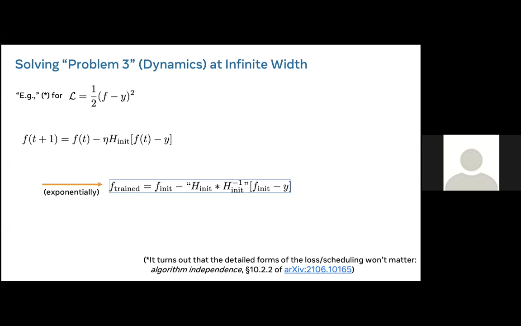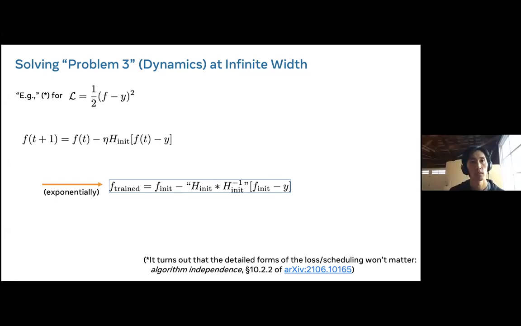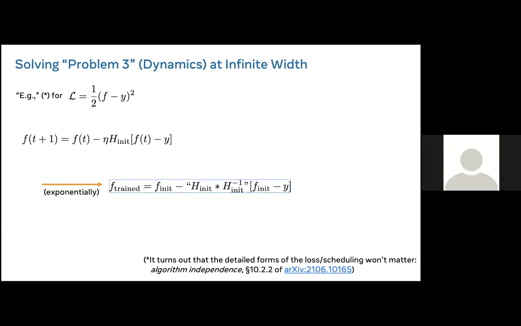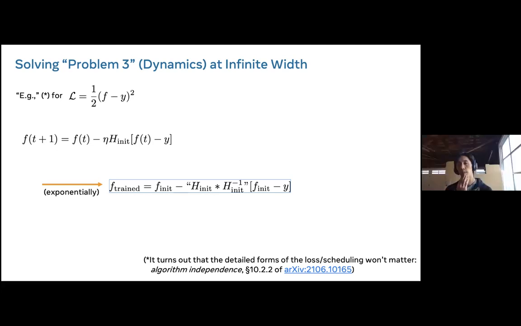Just a quick follow-up question on Sven's question. If I consider the simplest loss function, the absolute value of f minus y, is the construction still going to hold, or is the non-differentiability at f equals y going to cause some problems? I have never thought about that. It's possible because you get only the sign.